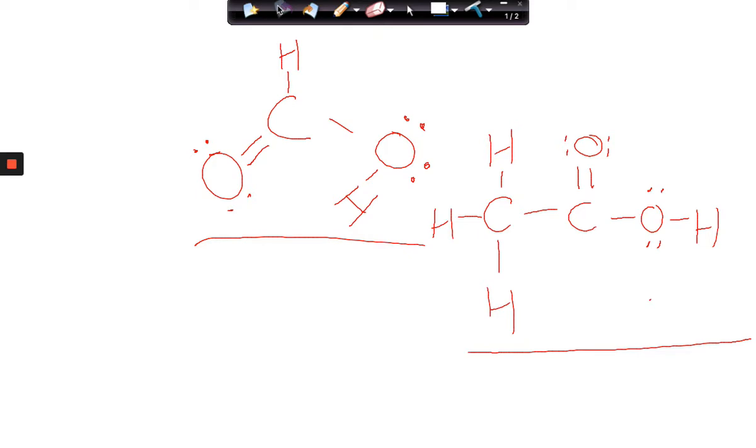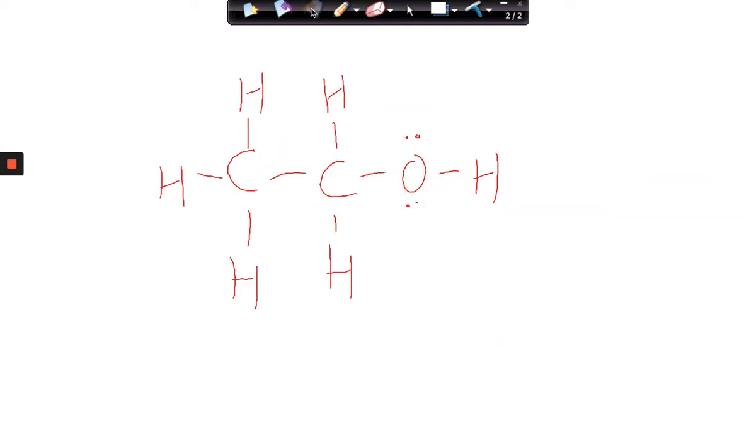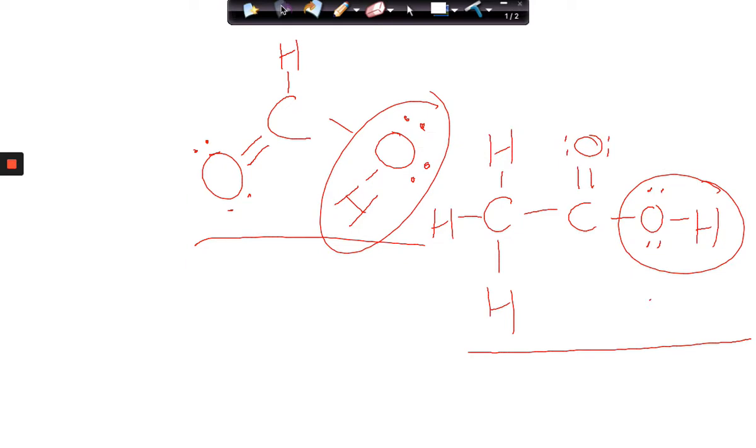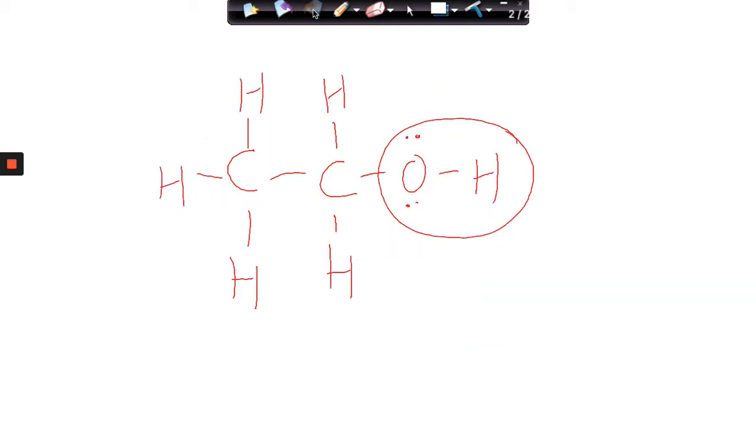You'll notice that these molecules both end in OH, and this also ends in OH. The difference is this. Here we've got an OH attached to a carbon and attached to a double bonded oxygen in both cases. We do not have that here. Therefore, this is a different kind of compound.